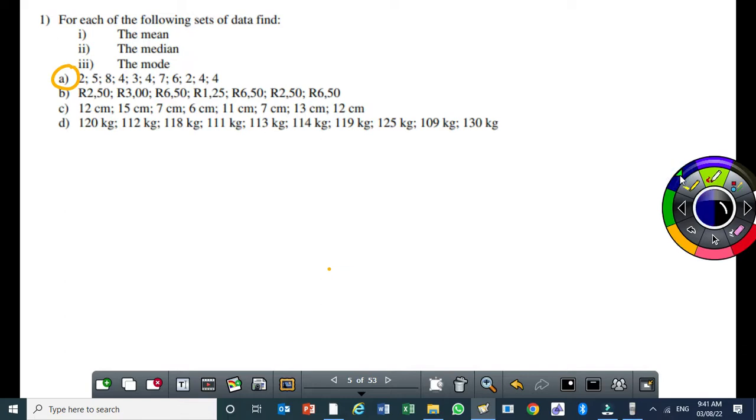Remember the formula is x bar equals the summation of x over n. You can't put in your calculator 2 plus 5 plus 8 plus 4 and so on and then get the answer. You don't have to do that. Let's just put it in the calculator straight away. So take out your calculator.